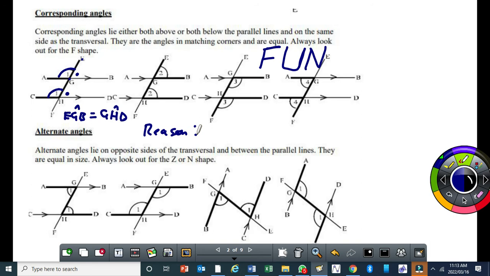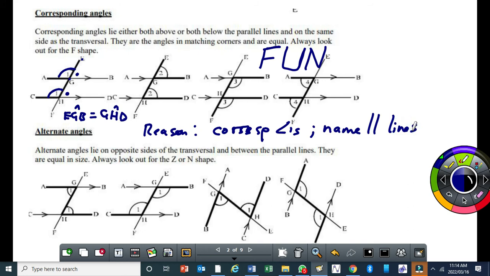You write the shortcut for the word corresponding, then the shortcut for angles. Then you must state the lines that are parallel. Name parallel lines.